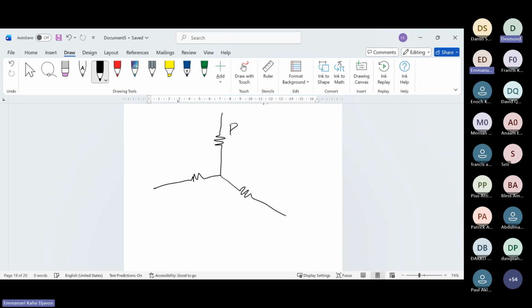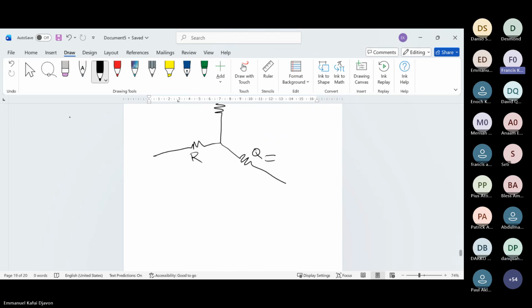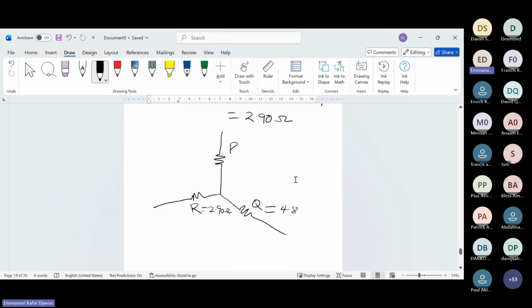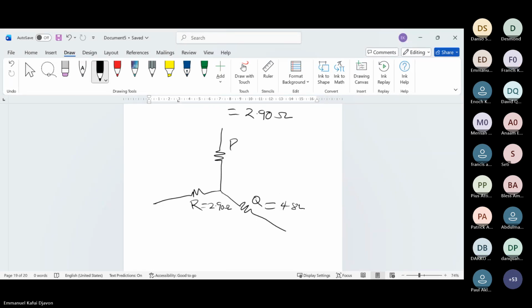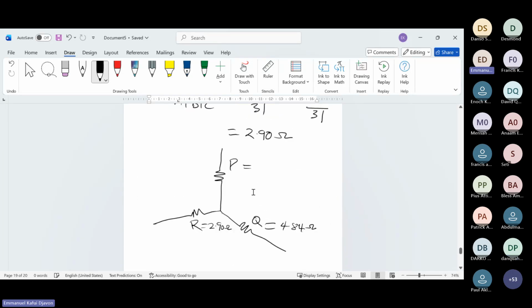So this is P, Q, and R. We say R is 2.90 ohms. Q is 4.84 ohms. And P is 1.94 ohms.